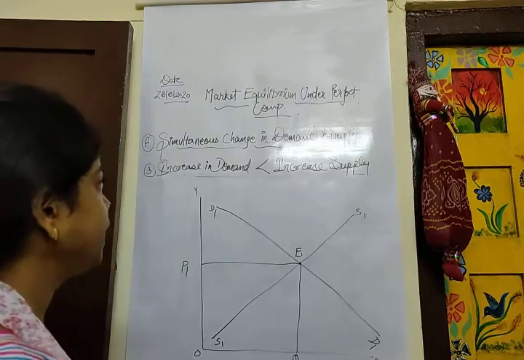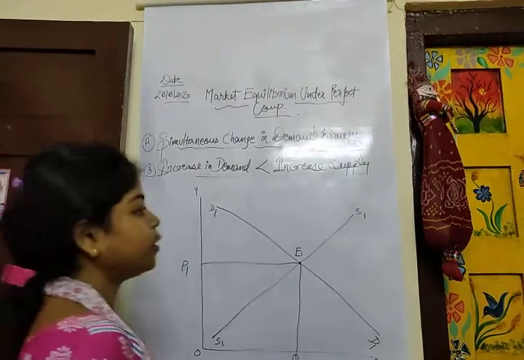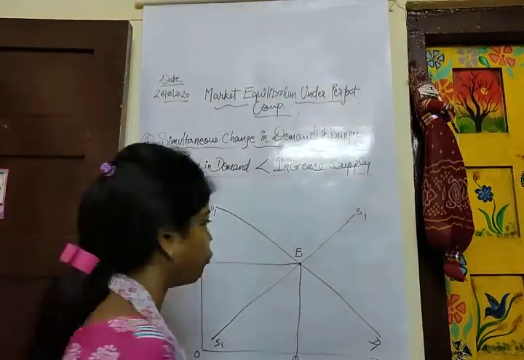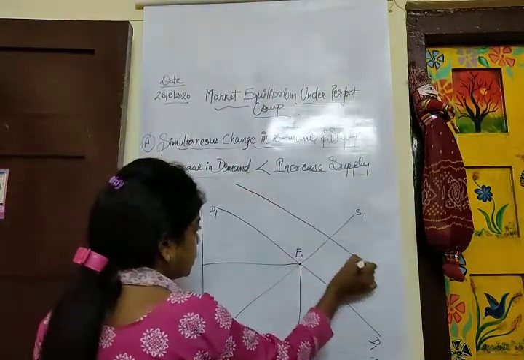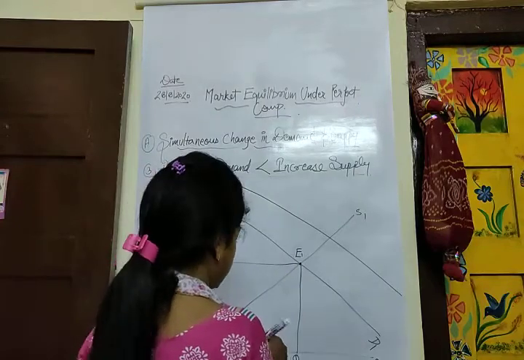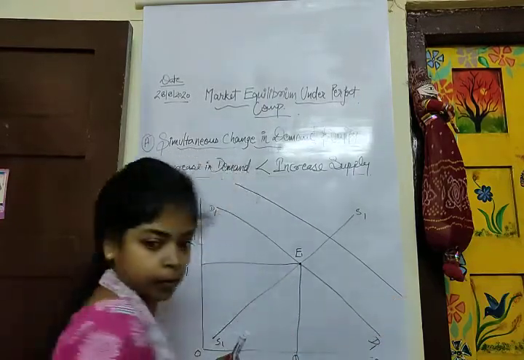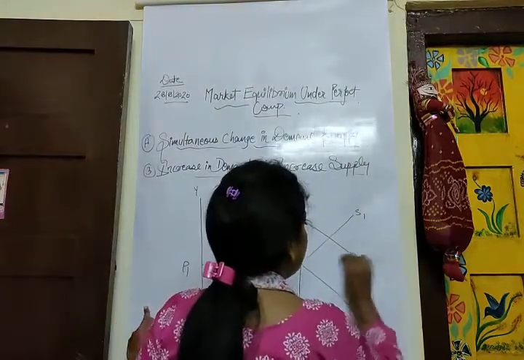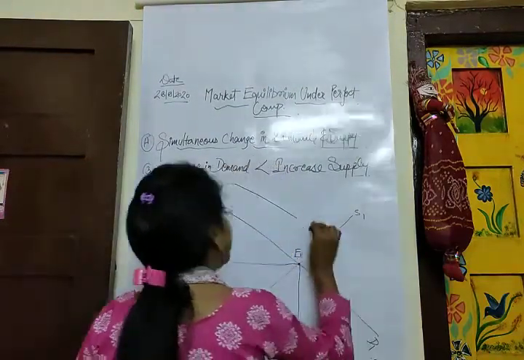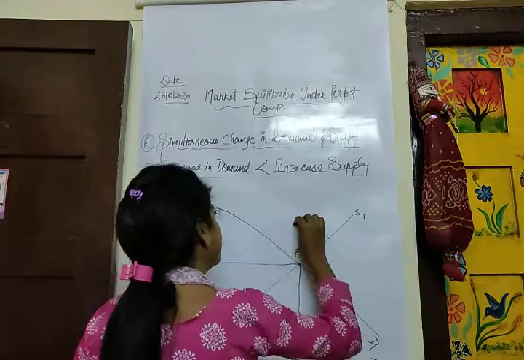So first we have to increase the demand. When the demand increases, the curve goes upward. Let me decrease the gap because the board will not support extra margin, right?